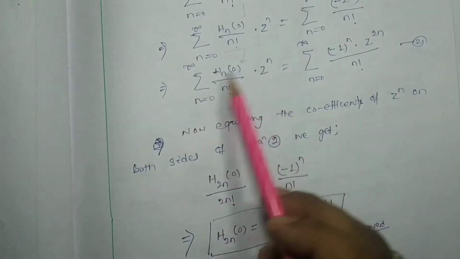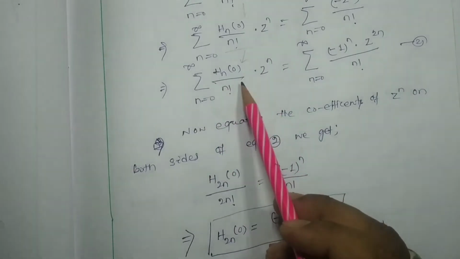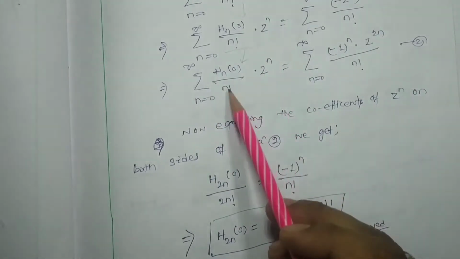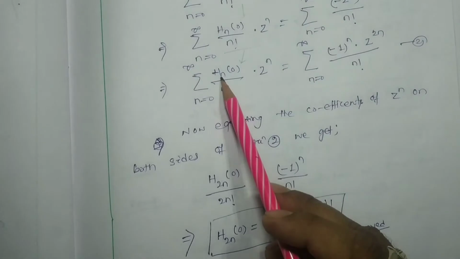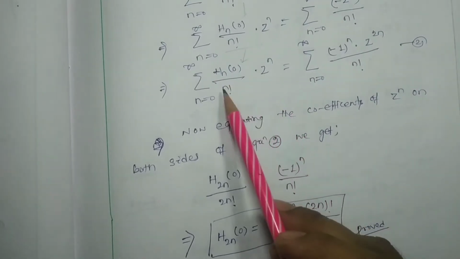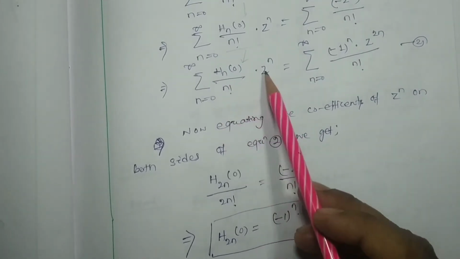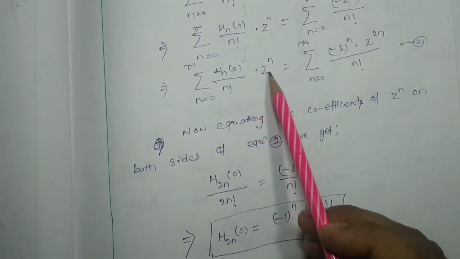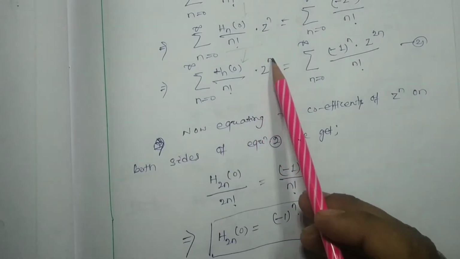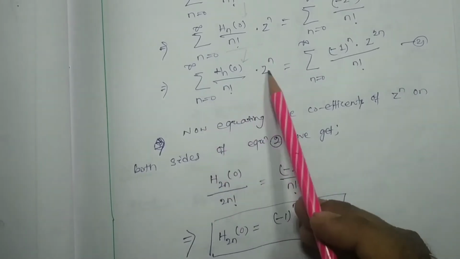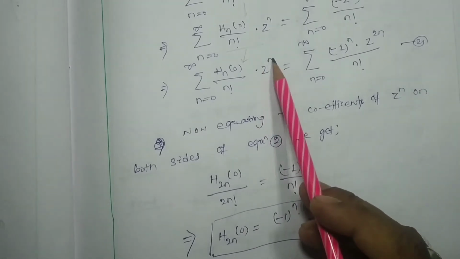In the left hand side term, the sum over n equal to 0 to infinity is there. If we expand this term, we can get z^(2n)/(2n)! and H_2n. Here z^n is there, but if we expand we get one term z^(2n).